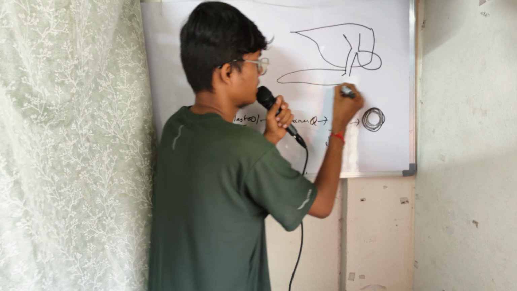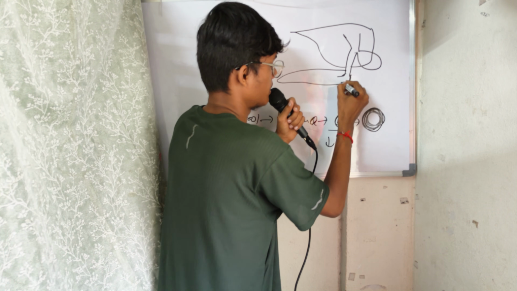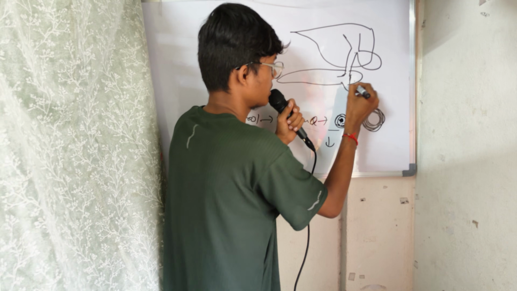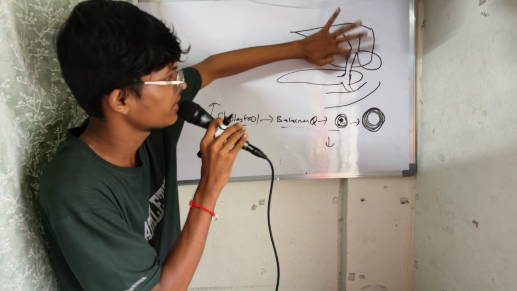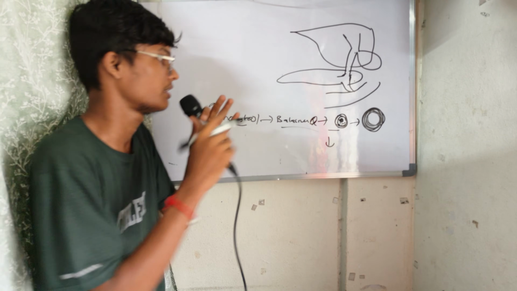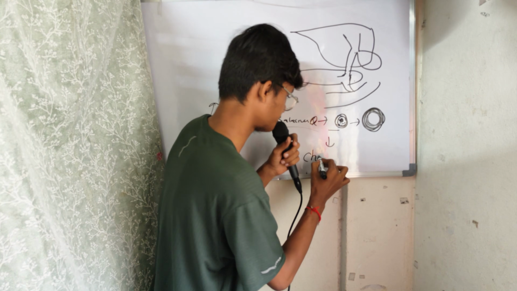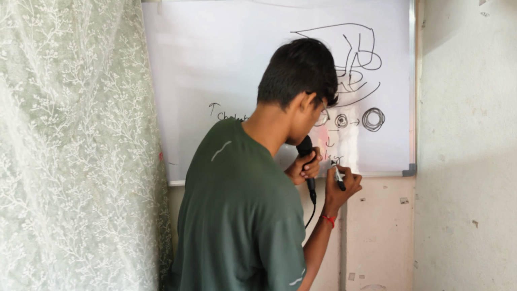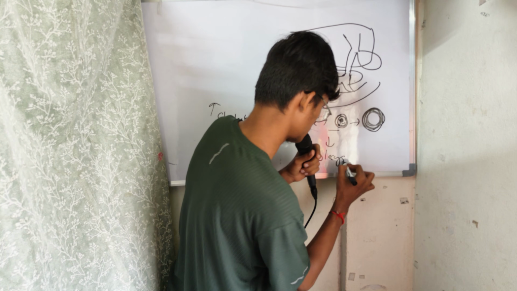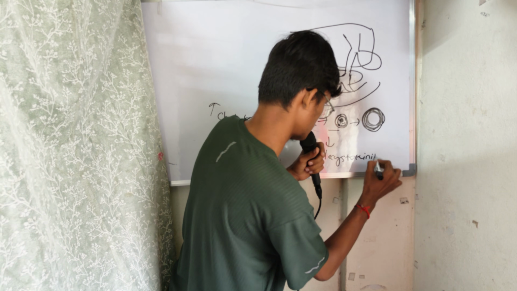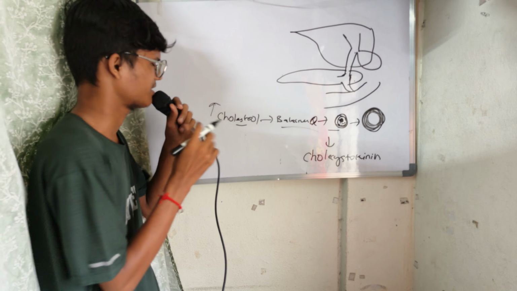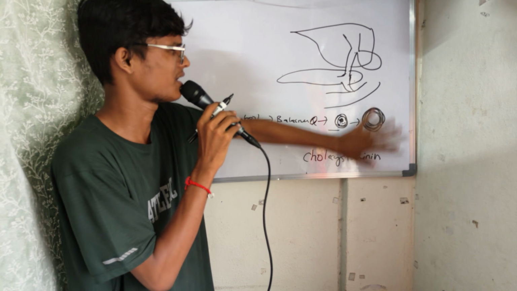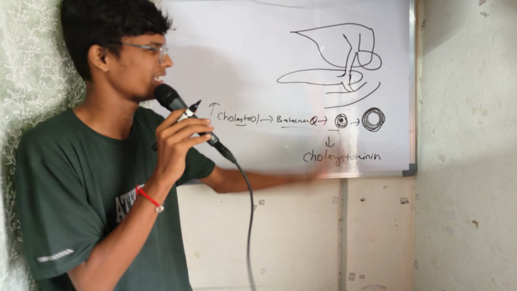This is going to the pancreas, and then it is going to the intestine. Anywhere this can be obstructed. Here cholecystokinin also maintains a role. Okay, cholesterol stone is formed, I now understood everything.